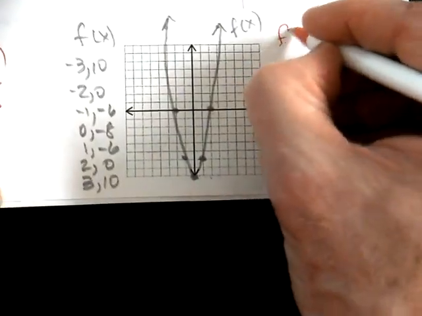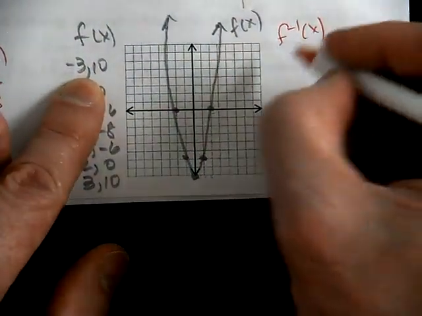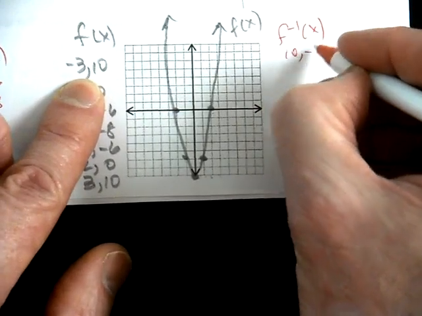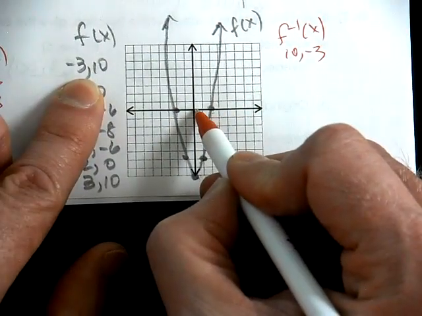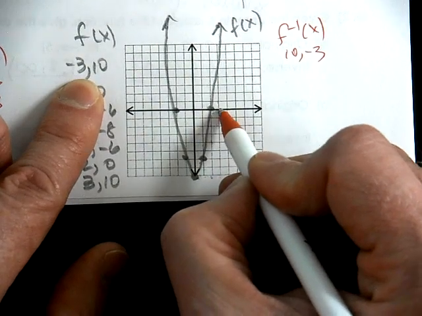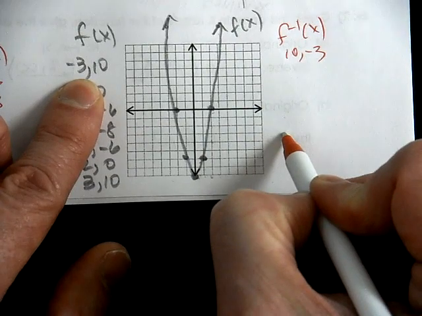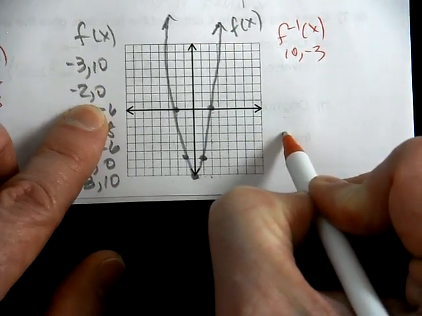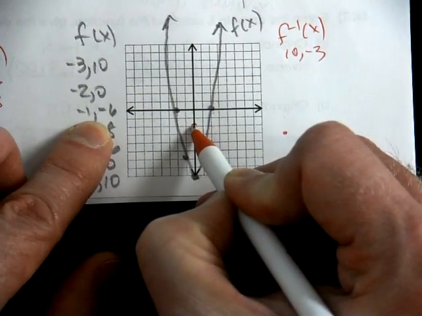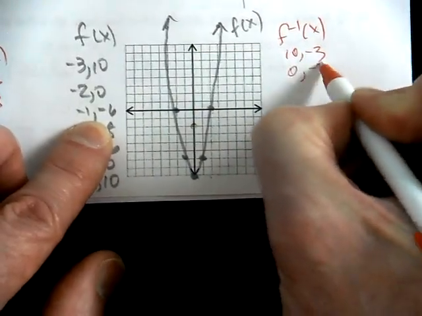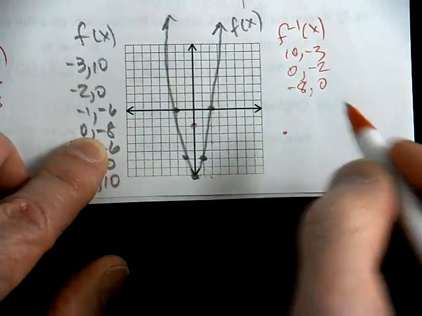So we know our f inverse function is going to be the switch of those. 10, -3. 0, -2.